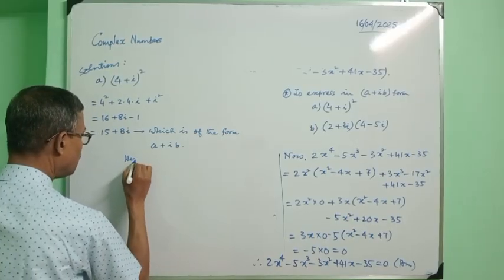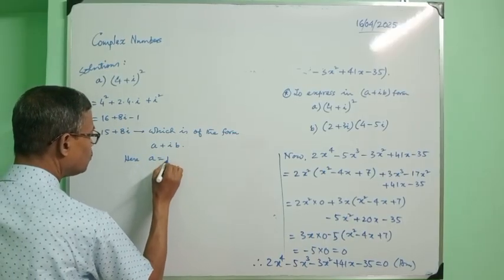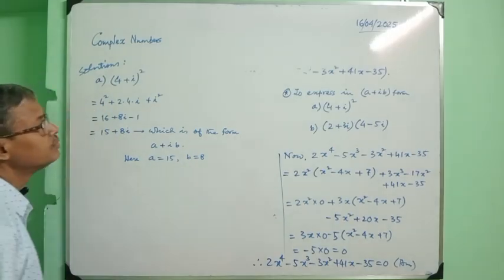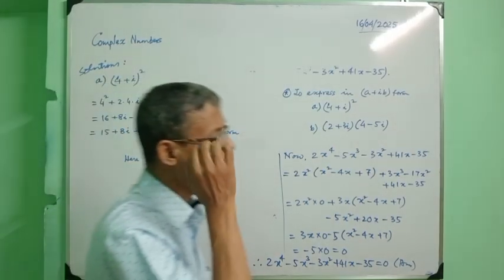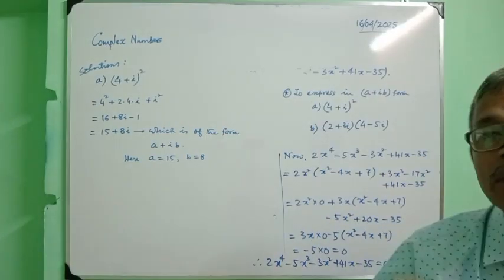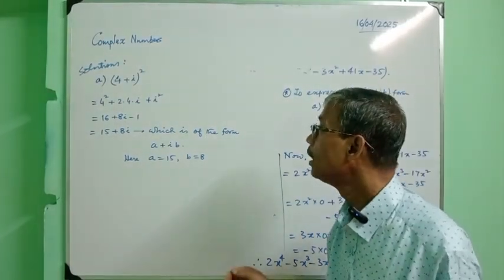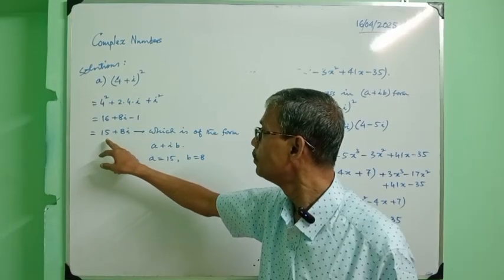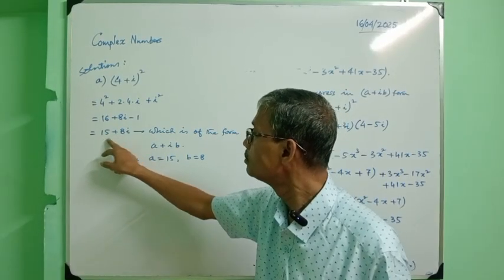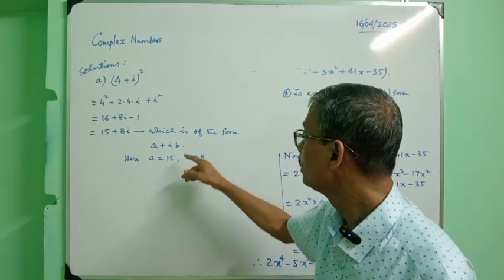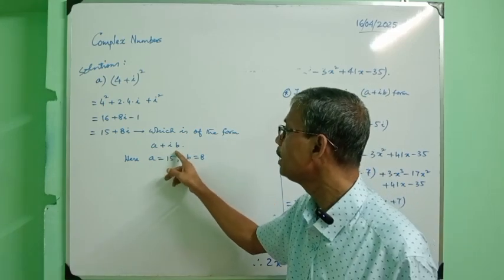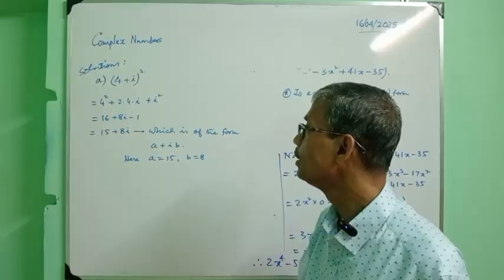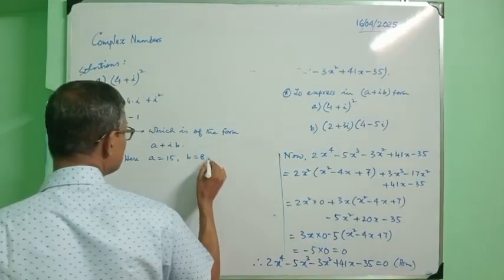Here a equal to 15, b equal to 8. If it is required to express in the form a plus ib after simplification, you must mention that it is of the form a plus ib, and after that mention the values of a and b. Therefore, this sum is solved.